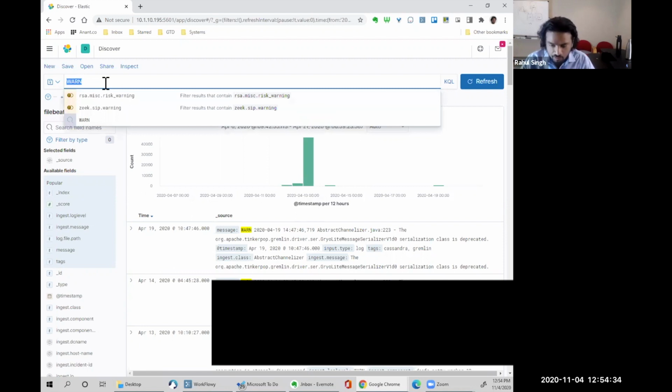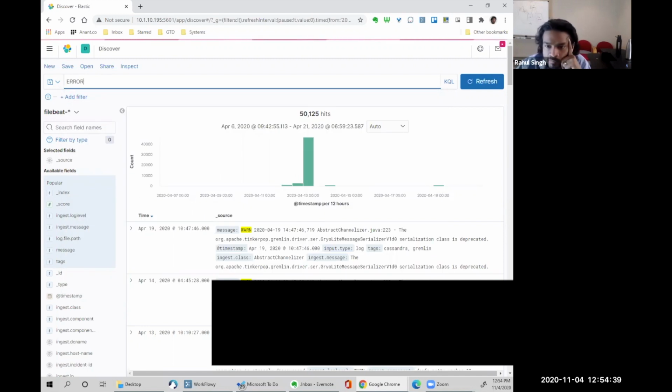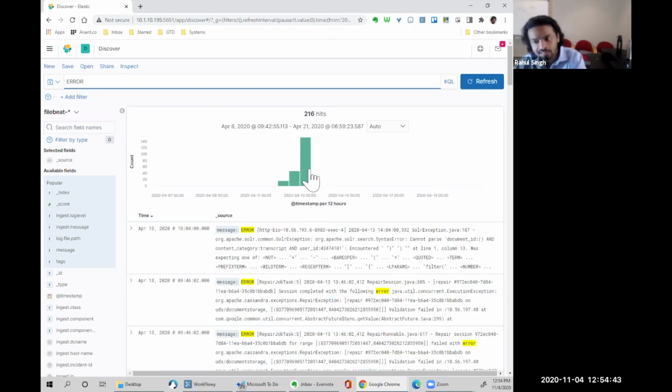And so if I look for error, we're looking at the same time window, right? Hey, look at that. Errors also have the same general pattern. So this starts to help us tell a story that this happened, and then this happened, and these things are correlated, and finally we ran out of memory.